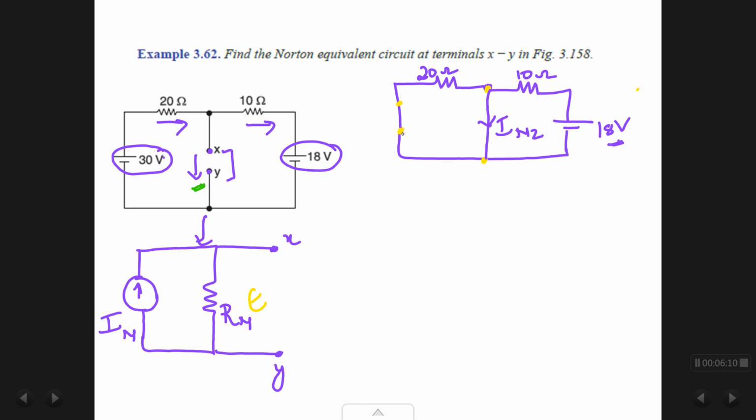Since it's a voltage source, across the points of connection I have placed a short. Now, on the terminals where x and y is connected, I have to find the current through the short that is present over here. So let us analyze the circuit.